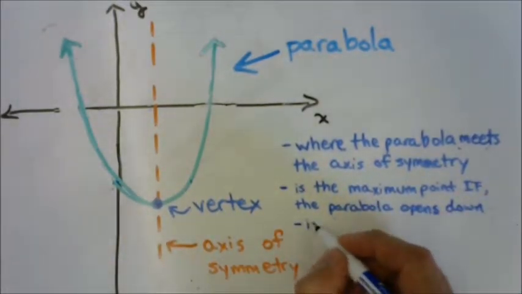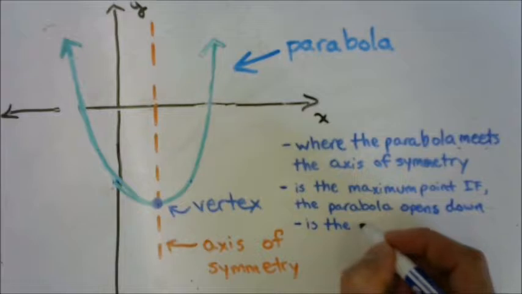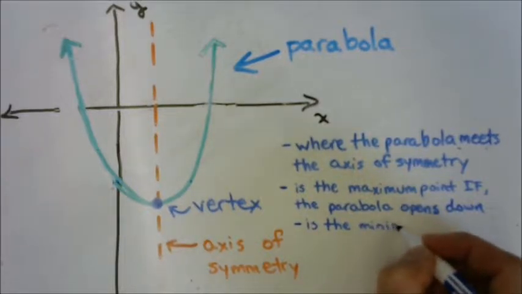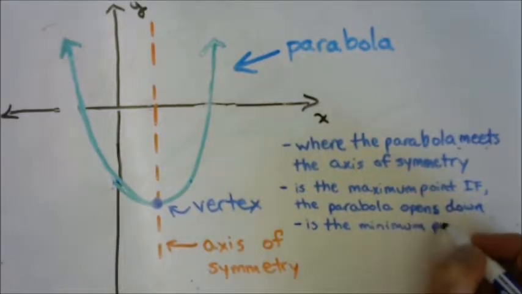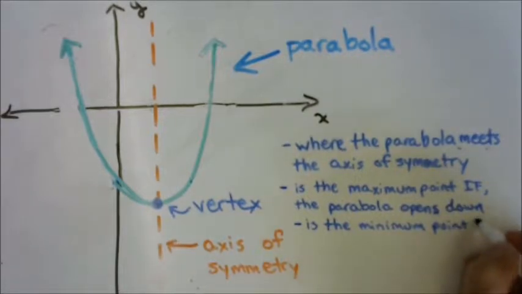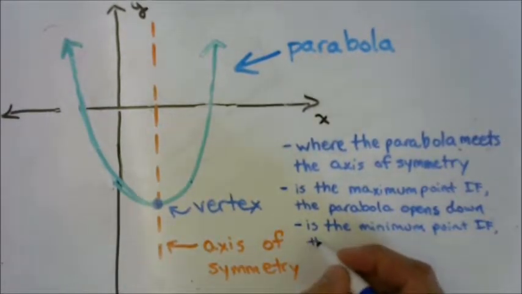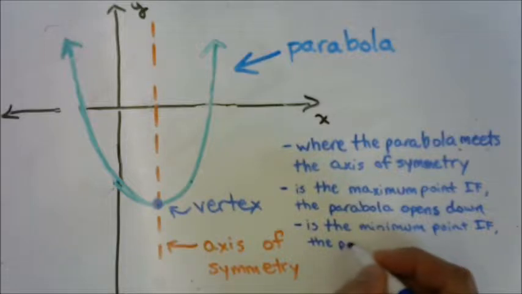The vertex is the minimum point if the parabola opens up.